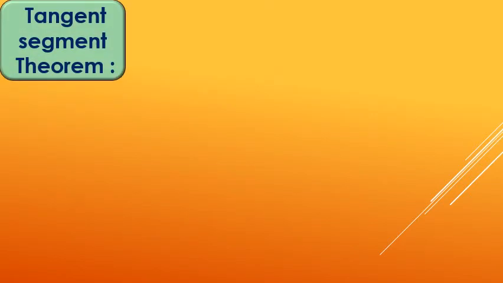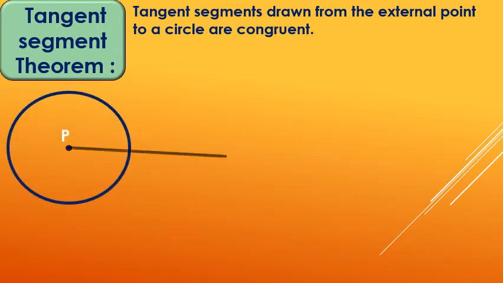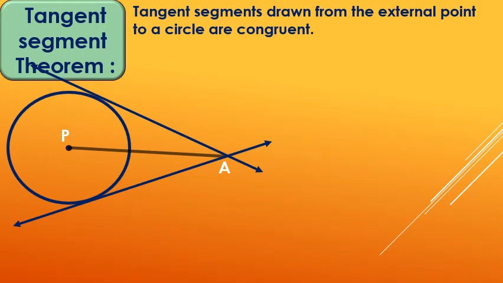Yes, students. Third theorem is tangent segment theorem. Tangent segments drawn from the external point to a circle are congruent. First we will draw a circle with center P and A is the external point, and these two are tangents drawn from the external point to the circle.